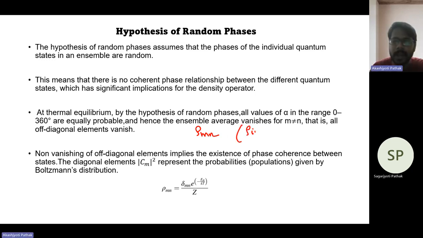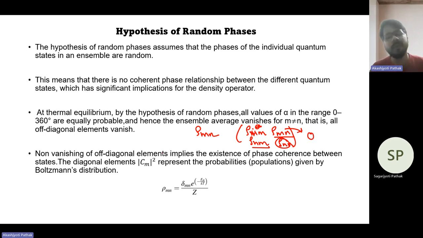You can write it as rho mm, rho mn, rho nm, rho nn. The diagonal elements are rho mm and rho nn, while the off-diagonal elements, rho mn and rho nm, become zero.